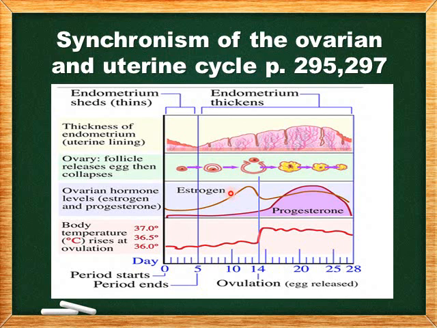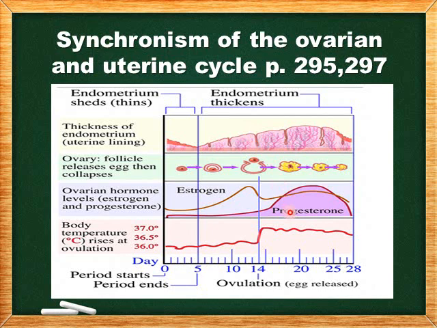So, estradiol or estrogen is secreted uniquely during the follicular phase, and due to the secretion of this estrogen by the cells of the follicle, there is a thickening in the endometrium.